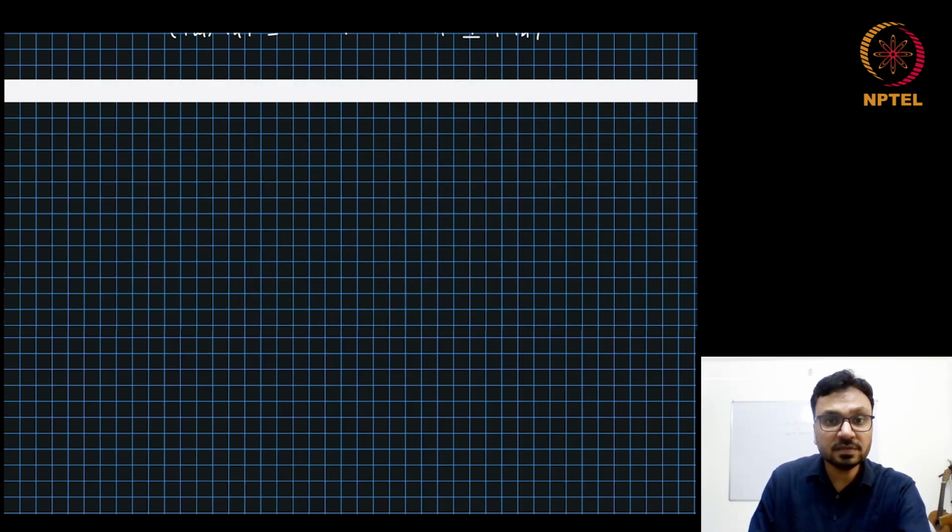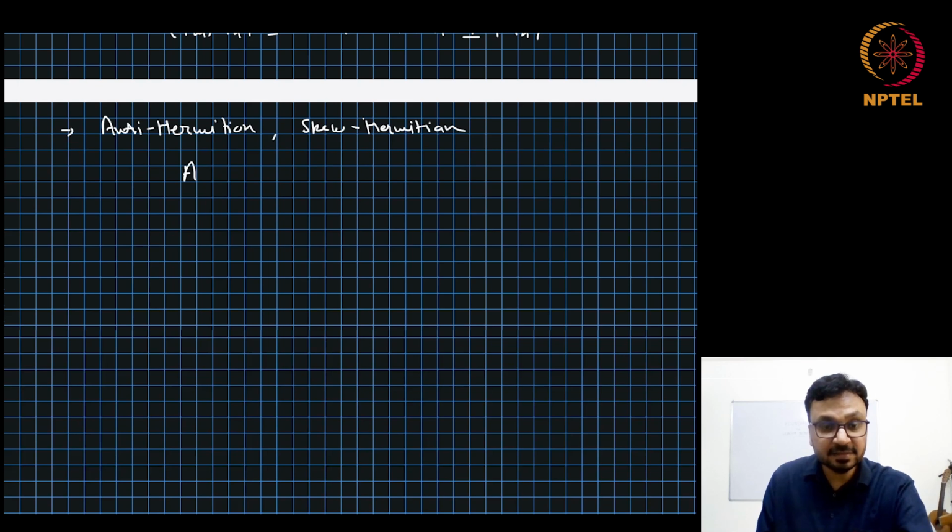Another class of interesting operators is the anti-Hermitian, or skew Hermitian operator. As the name suggests, if A is an anti-Hermitian operator, then it should be equal to minus A dagger.